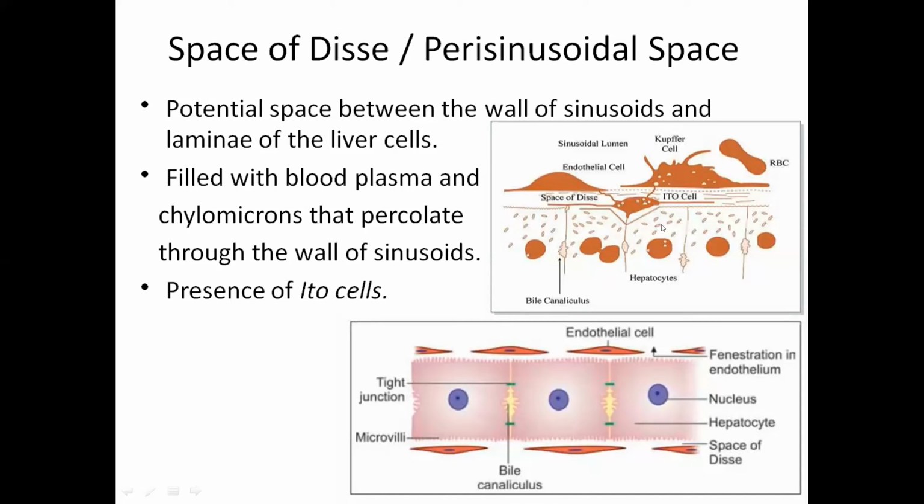It contains the blood plasma and chylomicrons that percolate through the walls of the sinusoid. There is also a presence of Ito cells. Let us discuss the Ito cells in the coming slides.